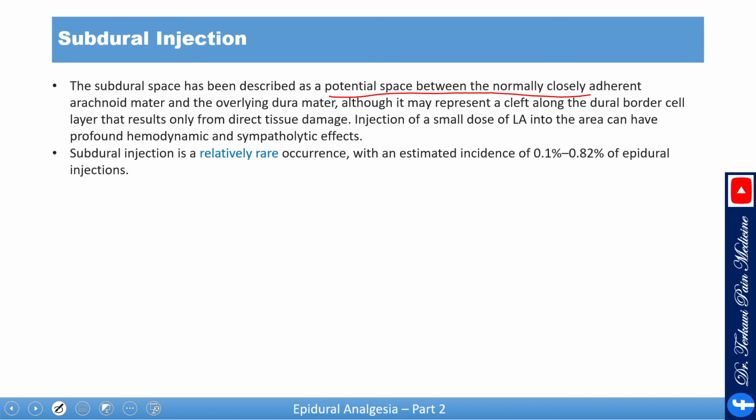damage. Injection of a small dose of local anesthetic into the area can have a profound hemodynamic and sympatholytic effect. Subdural injection is relatively rare, estimated at less than 0.1%.